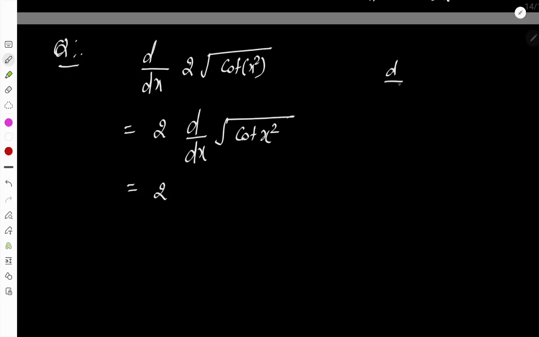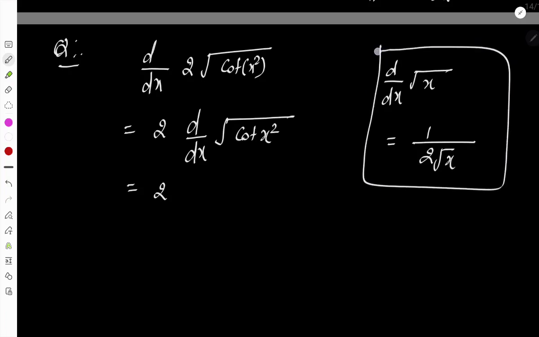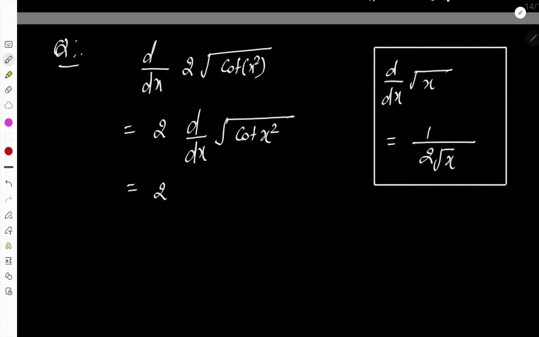Now you see, d by dx of under root x is 1 by 2 root x. You know that one, you have already done it in 11th class. Now, if you say, sir, I don't know the derivative of root cot x square, but I know the derivative of root t with respect to t, then I will say assume it: d by dt of root t into dt by dx, where t is cot x square.